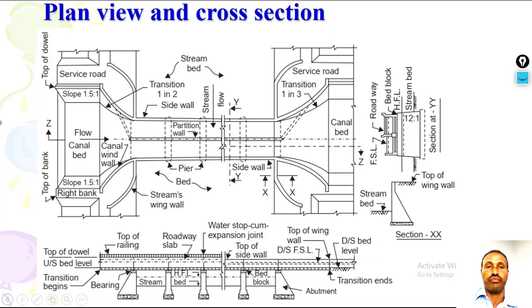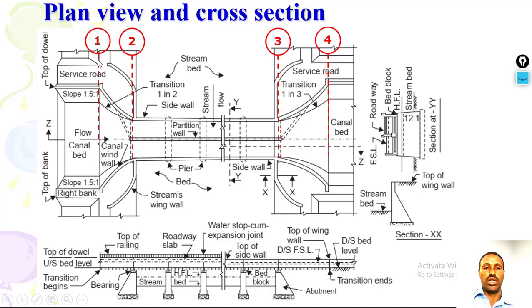So this is a plan view and cross section. Just a detail, you can see the canal with 2 compartments. So the canal is flowing and the drainage is below. This is the roadway slab, and again you have piers and a number of spans to be determined. You can see section 1 here, the slope is previously 1.5 to 1, but here the splay is 2 to 1, and here 1 in 3 transition.